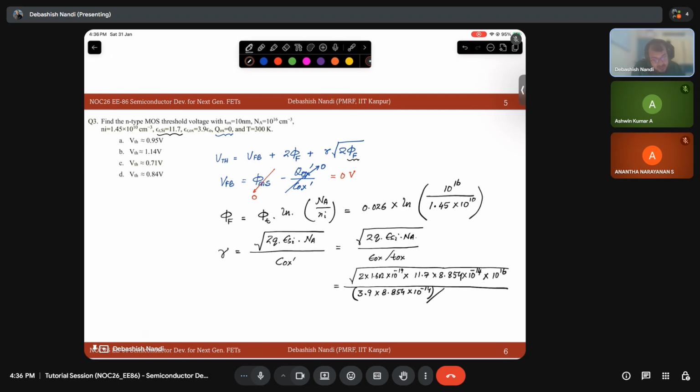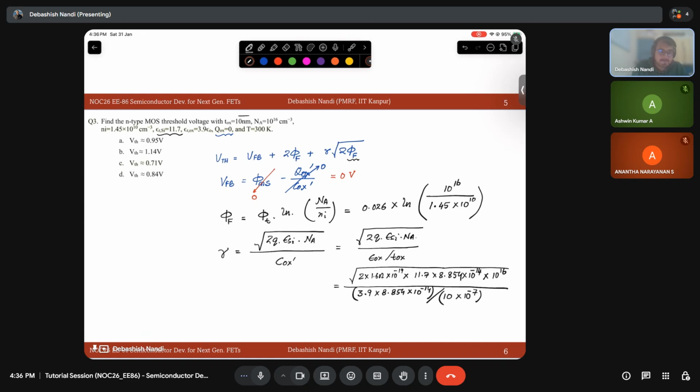Tox is given as 10 nanometer, so 10 into 10 raised to minus 7 centimeter, right? Because we are dealing with centimeters. If you consider everything in centimeter, you need not take care of units later, right? It will get cancelled, because ultimately gamma will have a unit of square root of volt.